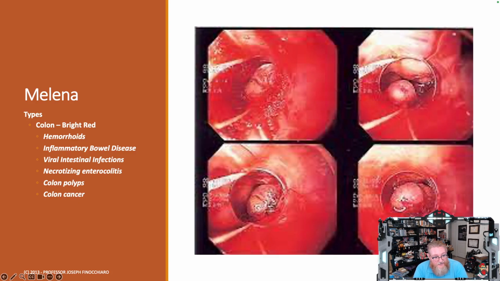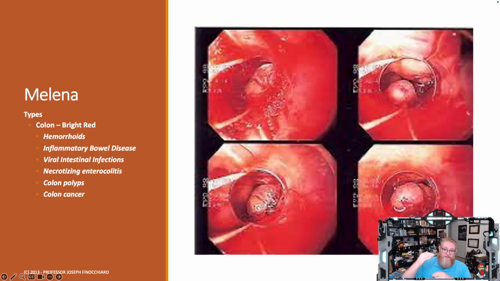If you're finding bright red blood in your feces, this is typically a result of the opening that is causing the bleeding closest to the exit. So this could be hemorrhoids, inflammatory bowel disease, viral intestinal infections, necrotizing enterocolitis, colon polyps, or even colon cancer. That's why if you're bleeding out of your nether regions, you really want to go have that checked.